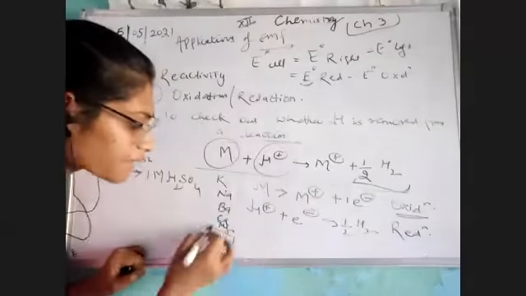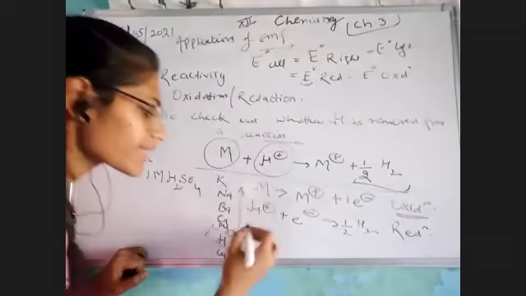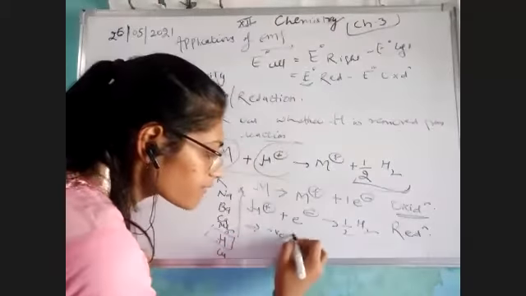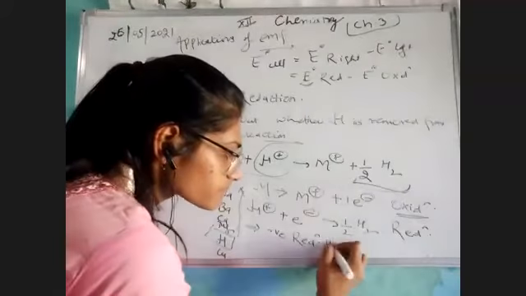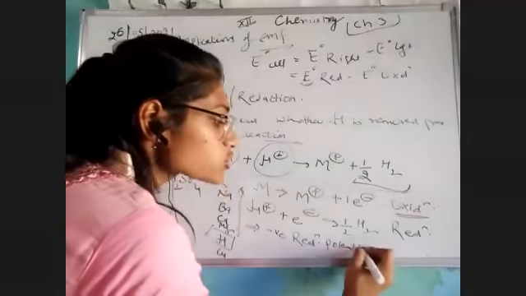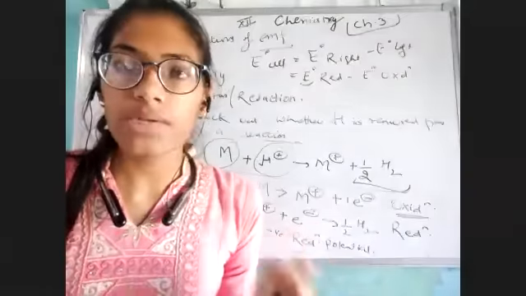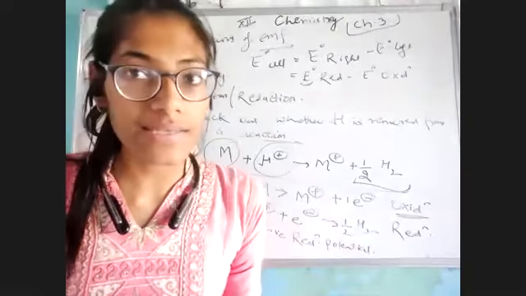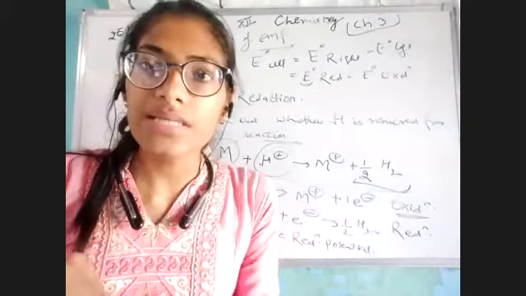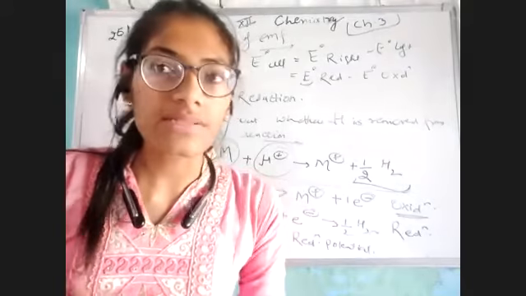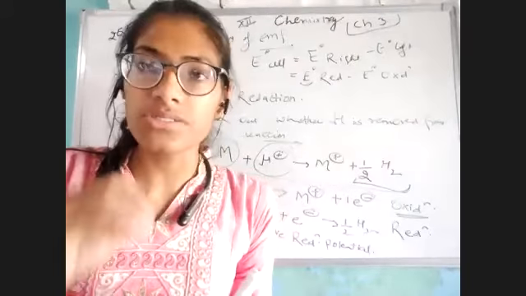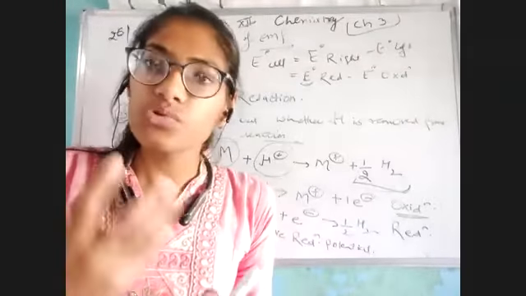So all the metals above hydrogen have a negative reduction potential value. So in short, what can I say? If the value of reduction potential is negative, then it would replace the hydrogen as a gas. Otherwise, it is not sufficient. It is not able to remove hydrogen gas.